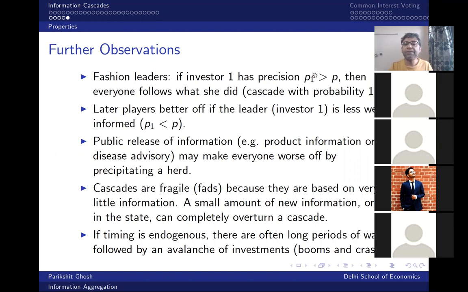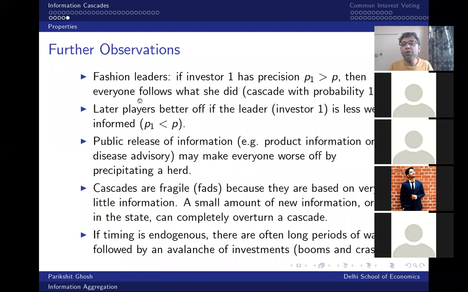Whereas here, it depends only on the signal of the first guy. So if the first guy's signal is just P plus epsilon, something very, very small, then the overall welfare in this case will diminish, right? So you can have things like fashion leaders, some people with only slightly superior information may themselves trigger a cascade, and that may lower the overall welfare.